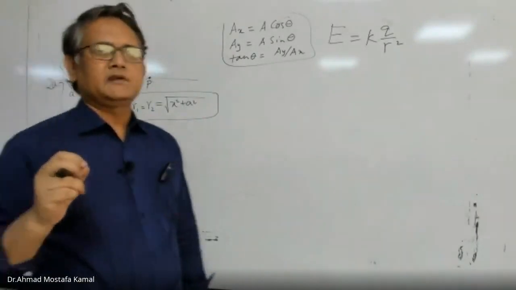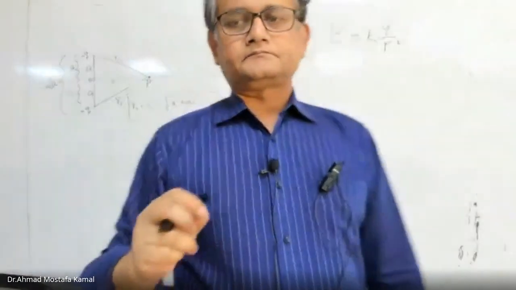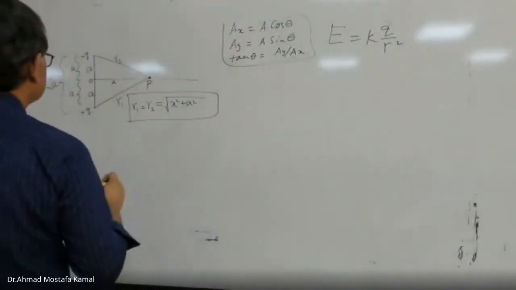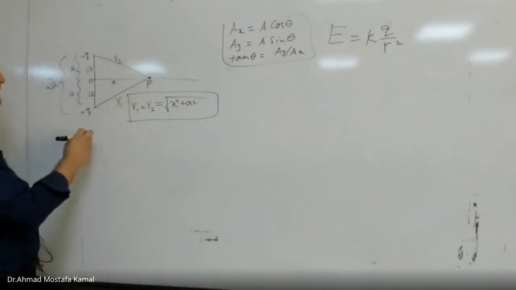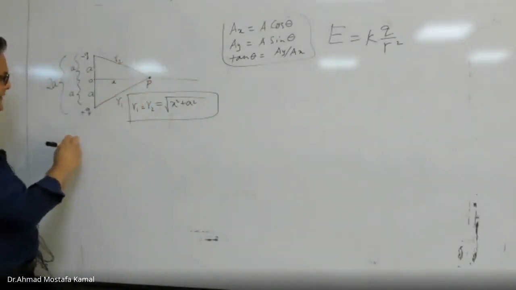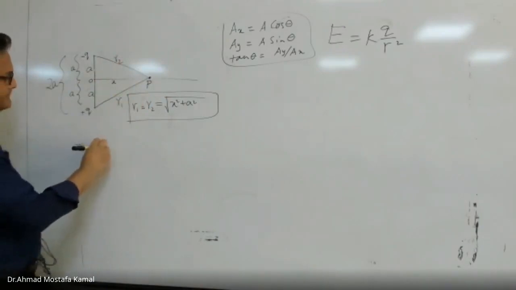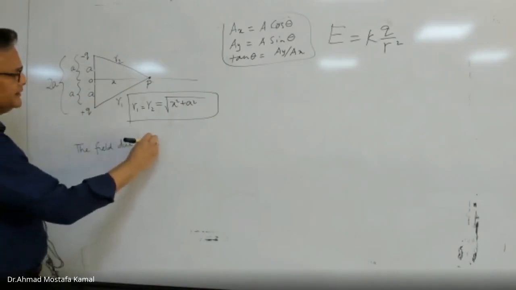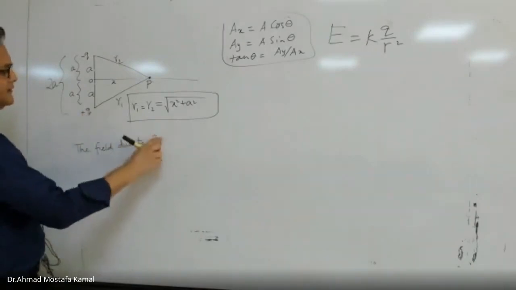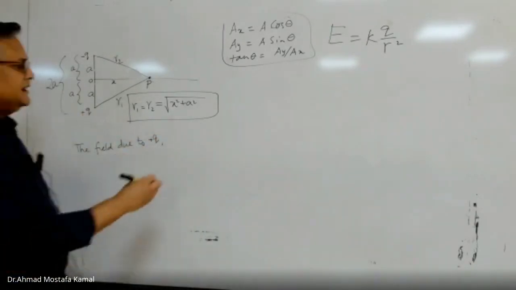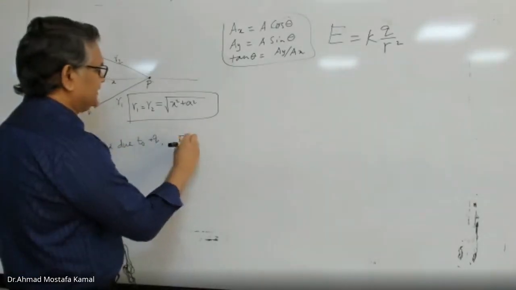We did it. After getting this distance, it is very easy to write down the equation for magnitude, because you know E equals KQ by R square. Let me write down the field due to plus Q, say E1.